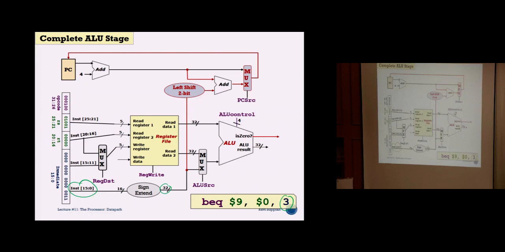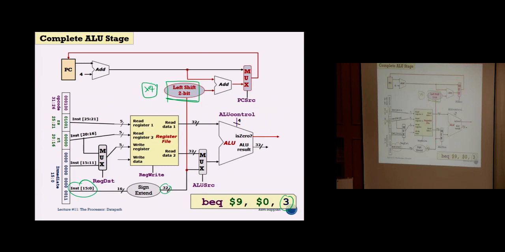That is why we have a left shift by 2 bits here. The immediate value that comes out specifies the number of lines to jump, but each line is 4 bytes. So to have the effect of multiplying by 4, we left shift by 2 bits here.